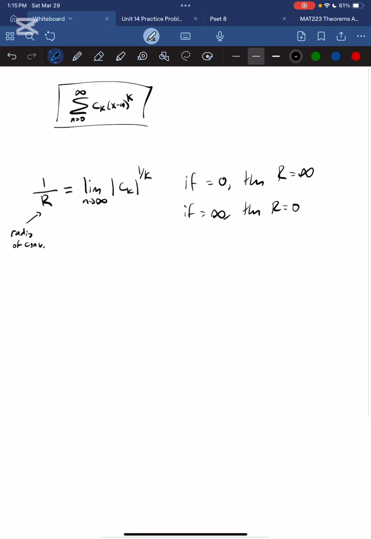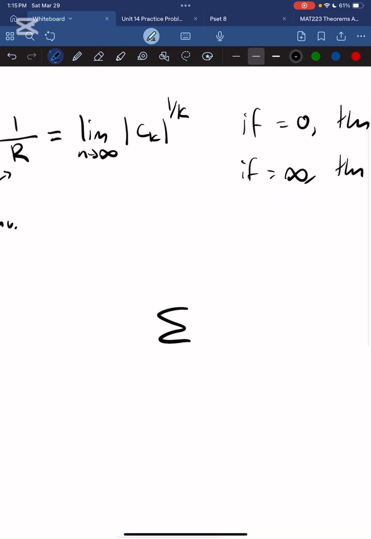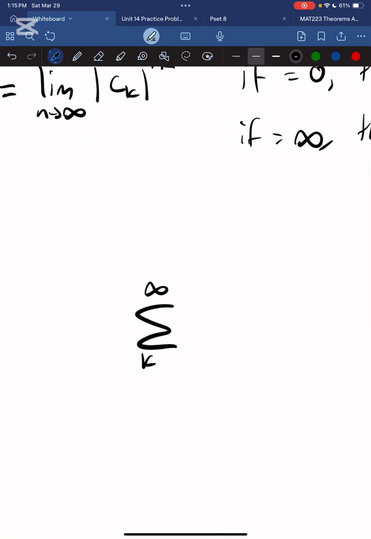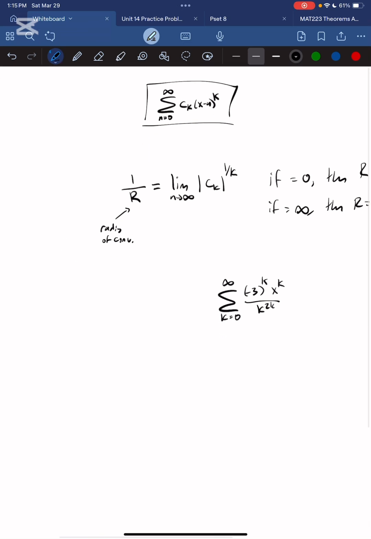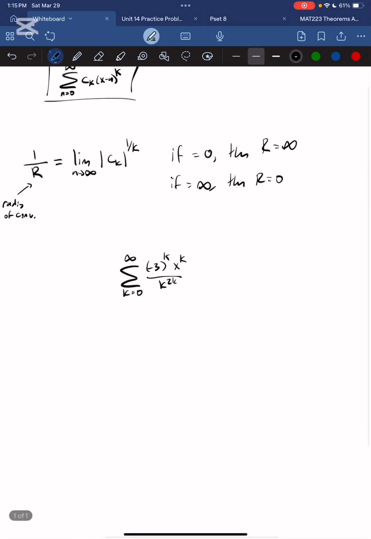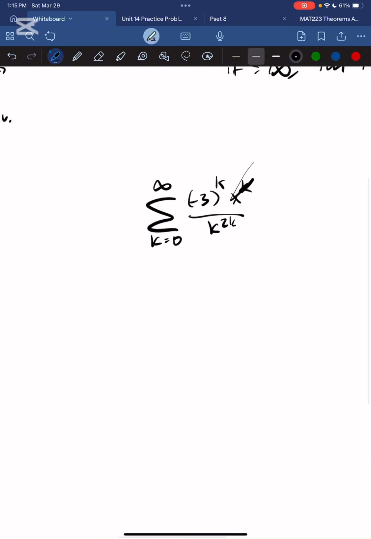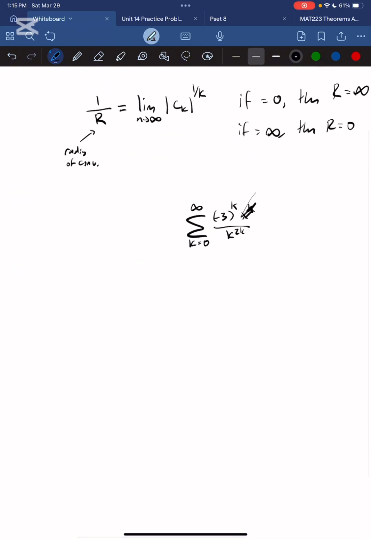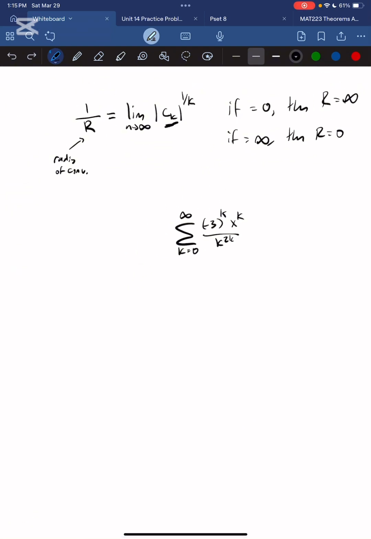Now let's use this for an example. You can do this for yourself: negative 3 to the k, x to the k, over k to the 2k. Use this test and see what you get. I'll do it real quick. We can get rid of the x to the k, because we just care about c sub k.